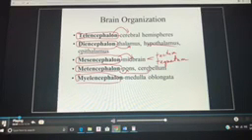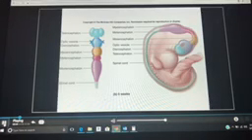So here's a picture showing you the fate of these little bulges, how they're organized. So again, here's your telencephalon. Let me just write right here. Here's the outline of your telencephalon. Then you have your diencephalon in the embryo. Then caudal to that is going to be the mesencephalon. Then you're going to have the metencephalon.